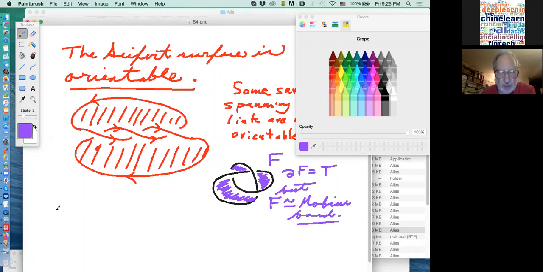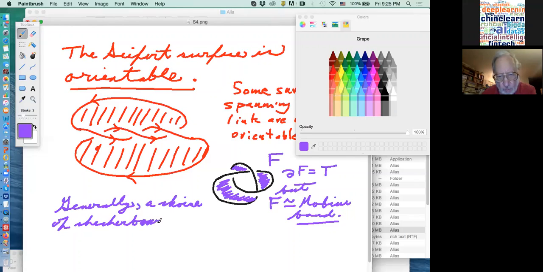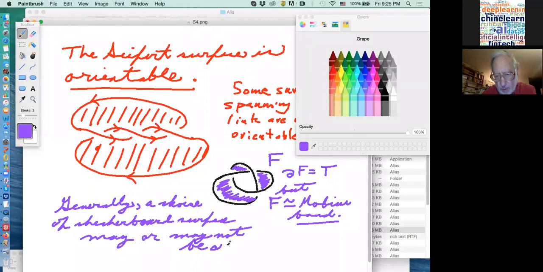And in general, a choice of checkerboard surface may or may not be orientable.